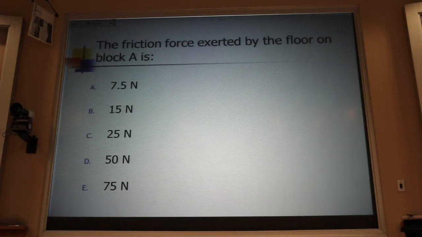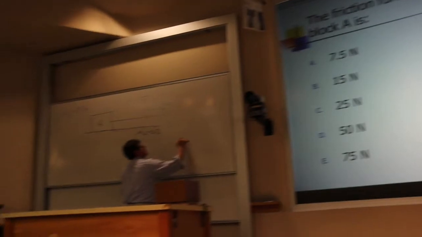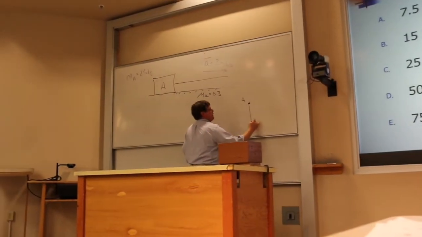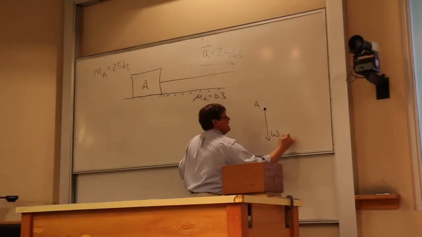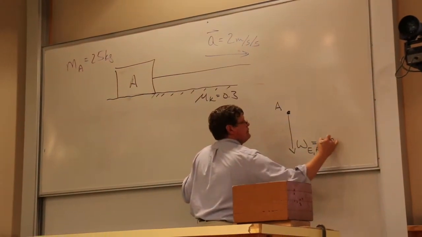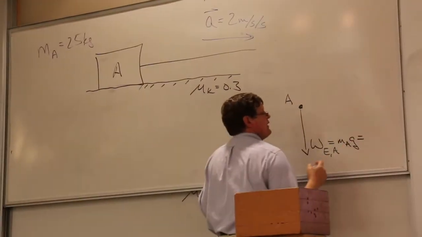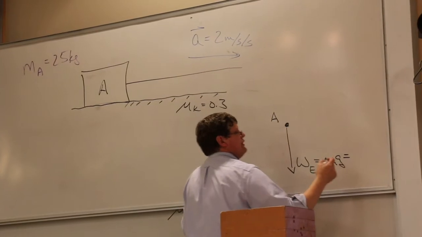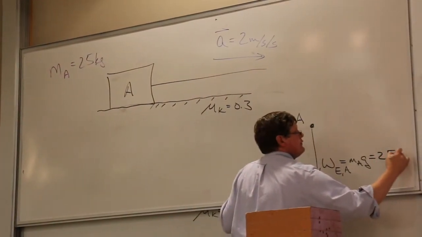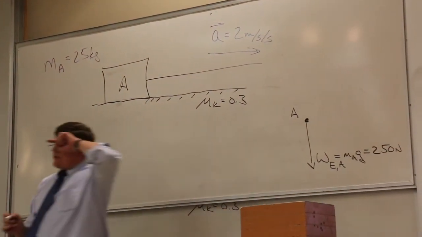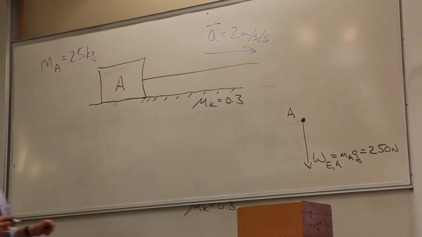If I draw a free body diagram for block A, I have a weight force, earth pulling on A. That's the mass of A times g. The mass of A is 25, and g is 10, so that's 250 newtons. I then ask, are there any magnets? No. What touches A?